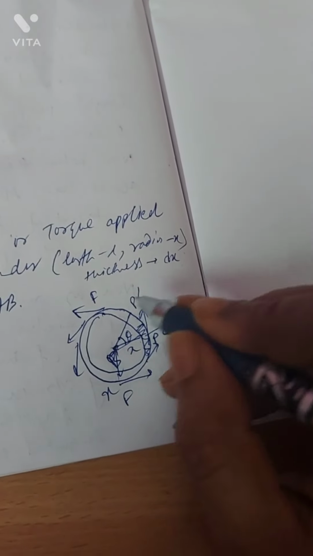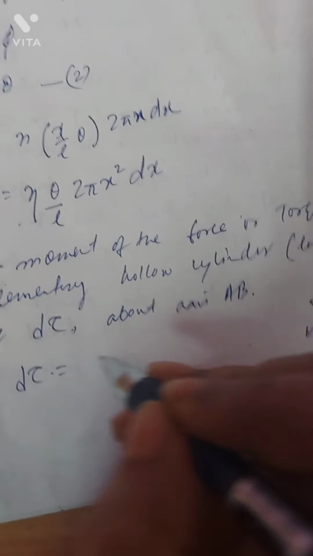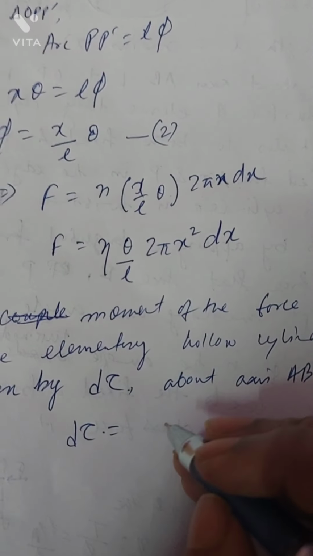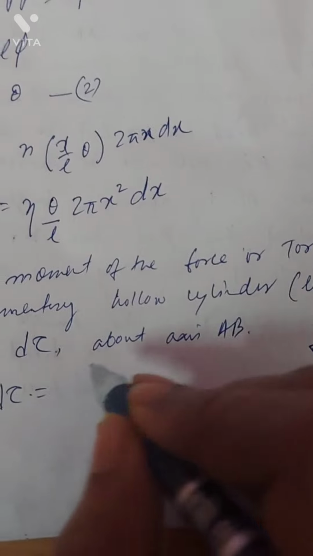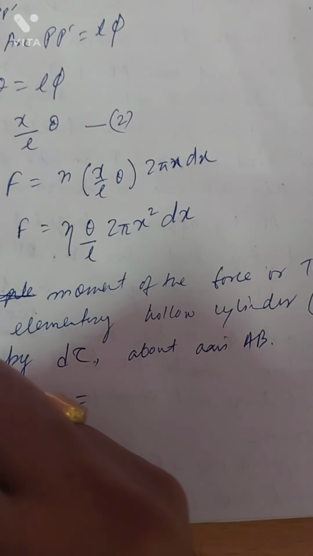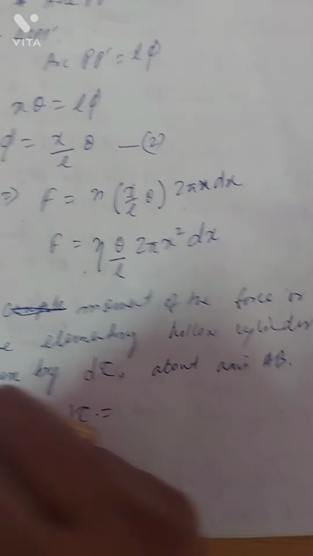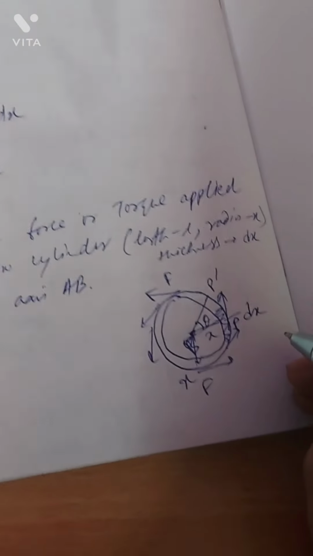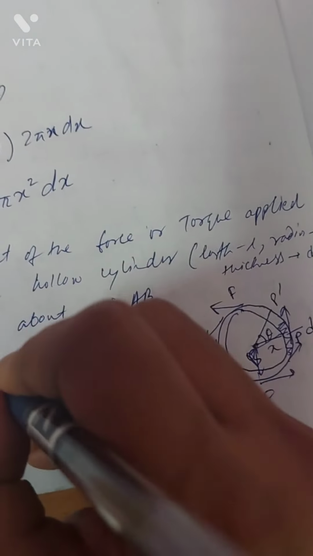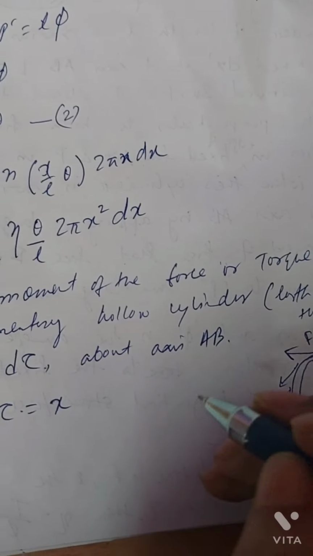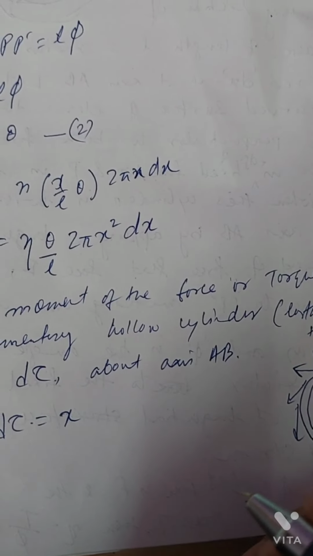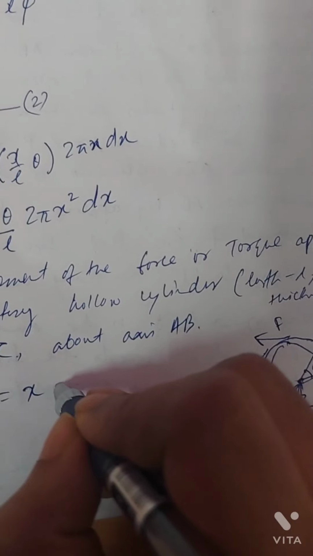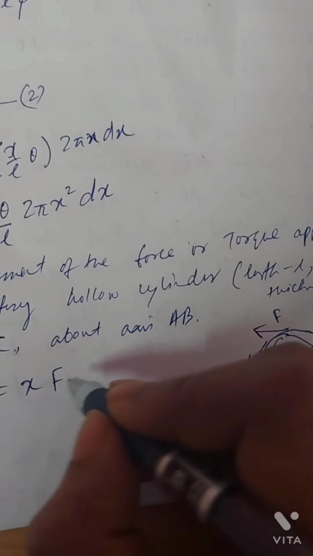So for this system, the torque is given as r cross f. By definition, torque is r cross f. Here r is the radial distance, which is x, and the force is f.